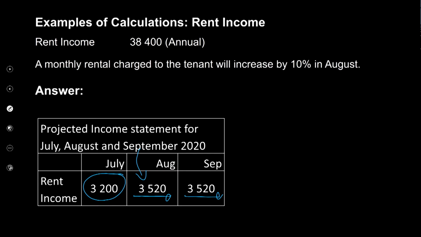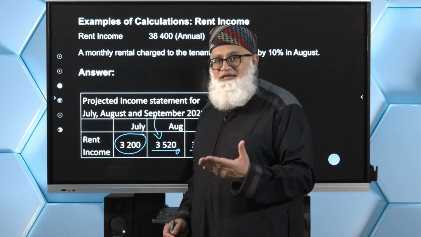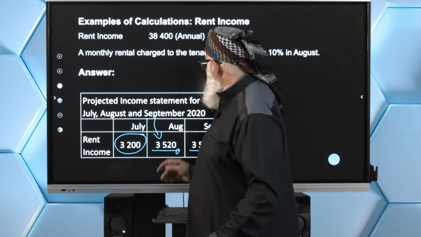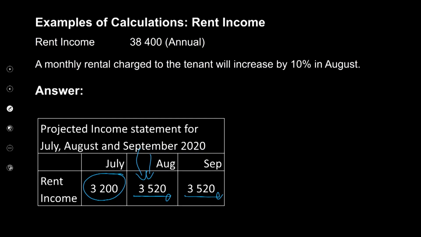So once again, take out your calculator, work out the 10% increase from the base month that's given to you, and add it to the month in which you are increasing, namely August. The change is effective from August, clearly indicating that July is constant, and the increase is in August and September.